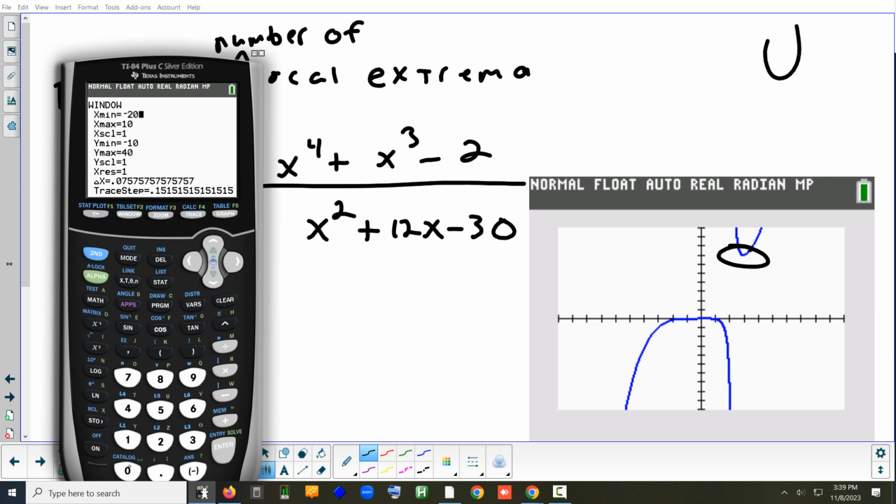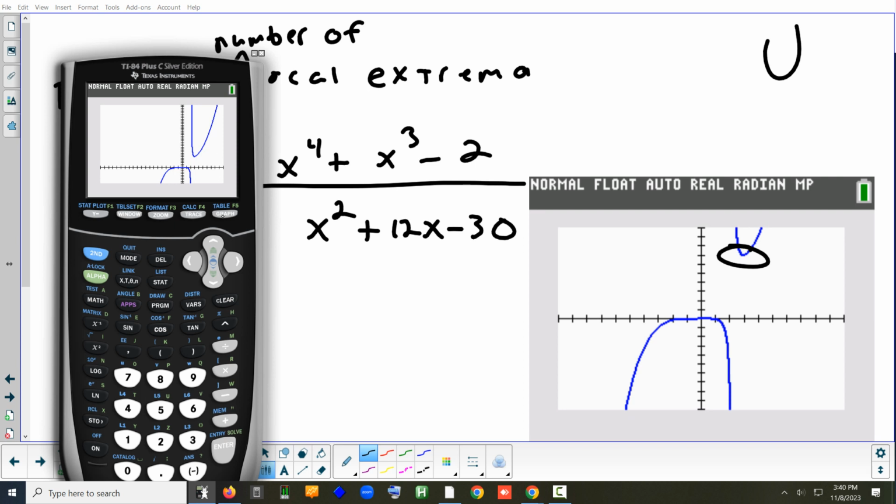I want to see something. Still not convinced that there's only 2.